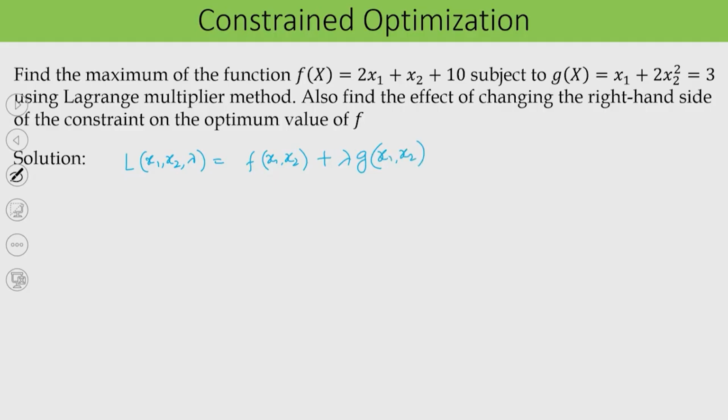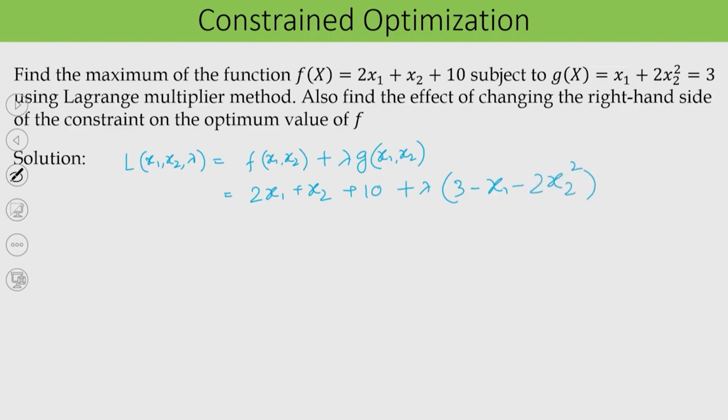I can write it like this: it is equal to twice x 1 plus x 2 plus 10 plus lambda times 3 minus x 1 minus twice x 2 square.